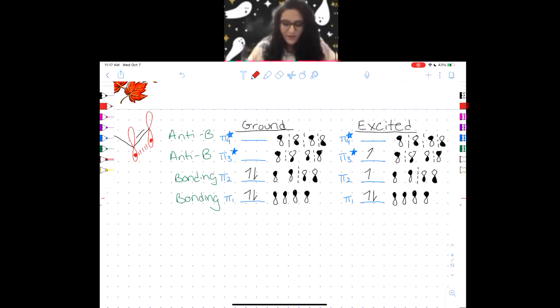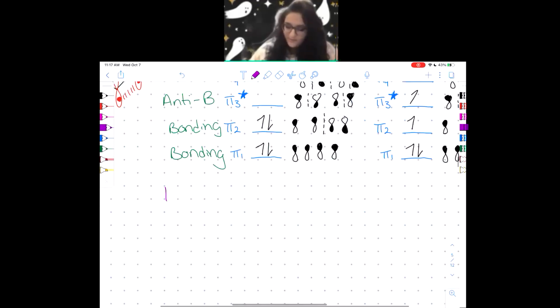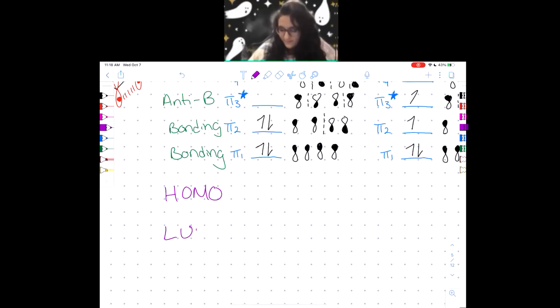Now that we've drawn in all the electrons, we have to cover an important vocab term that someone mentioned before, the HOMO and the LUMO. So I'm going to define those right down here. Does anyone know what the HOMO stands for? And what the LUMO stands for?